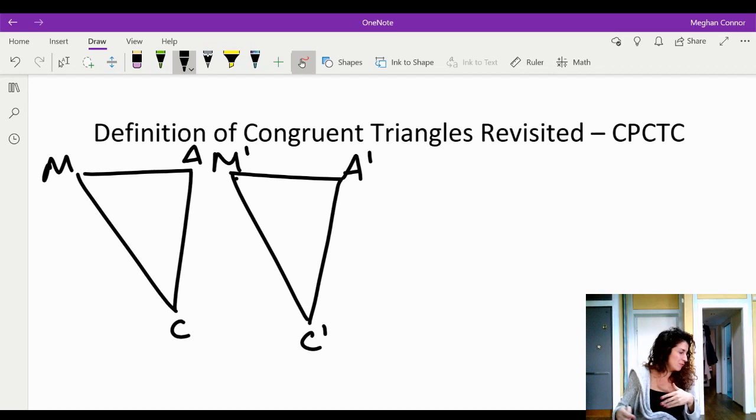Maybe we're trying to prove that lines are parallel, or that lines are perpendicular, or something else is going on where we use the fact that these two triangles are congruent to find something else.